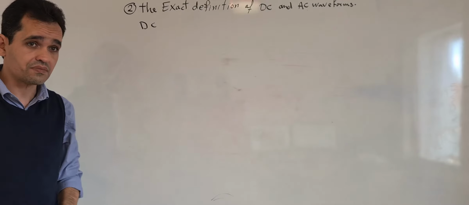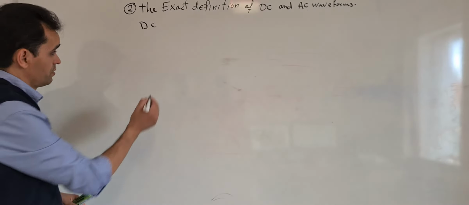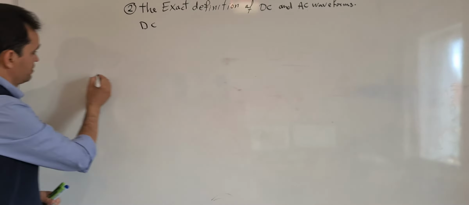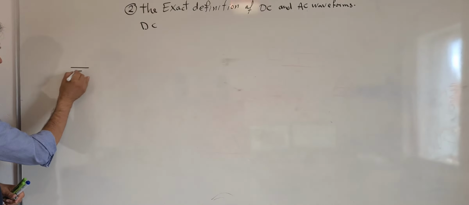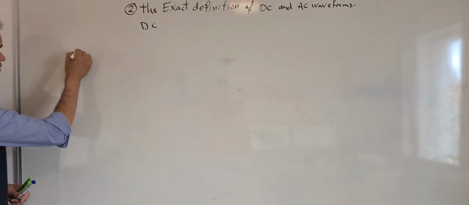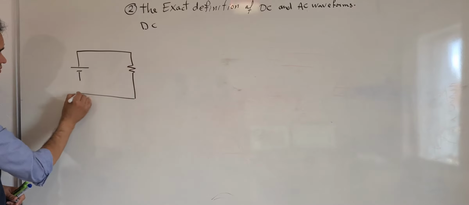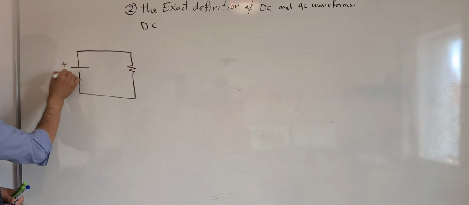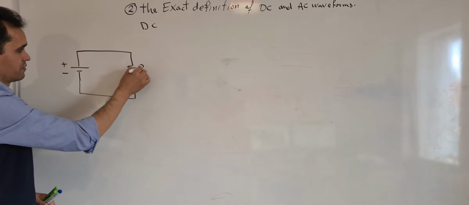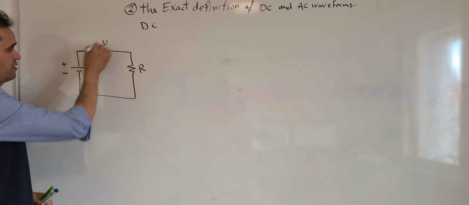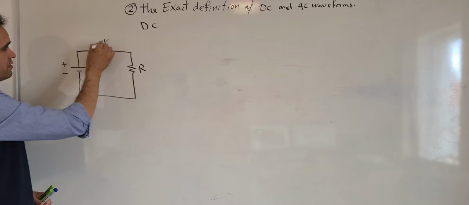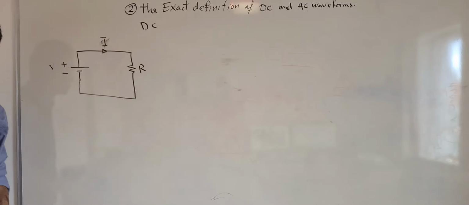Okay, so if we take as an example a DC source, and you connect it with the resistor R, that's the current I, and that's the voltage.